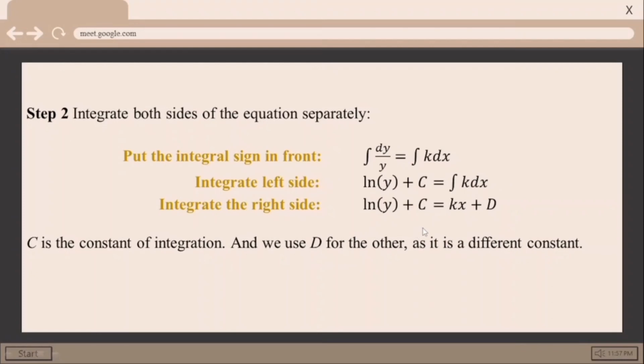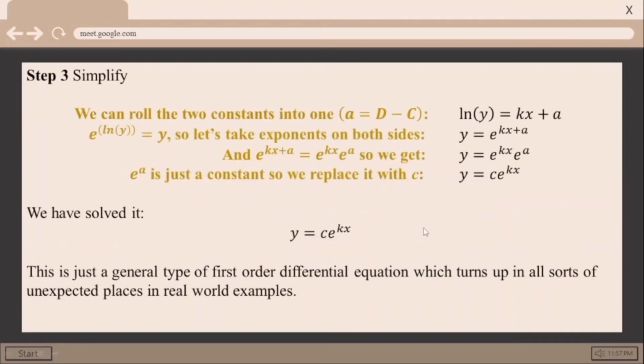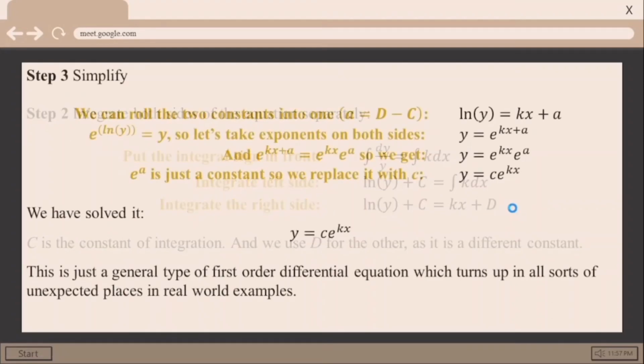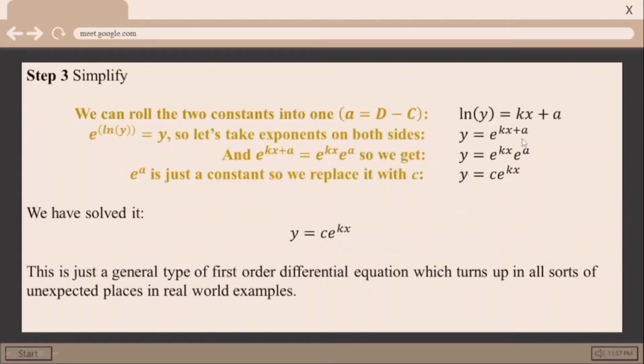Okay, now we're going to move to step 3, which is to simplify. So after integrating, we arrive at ln of the quantity y plus c equals kx plus d. We're going to simplify that. To be able to do that, we can roll the two constants into one, so a equals d minus c.